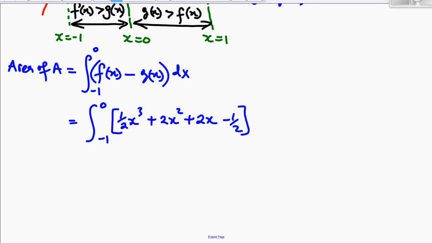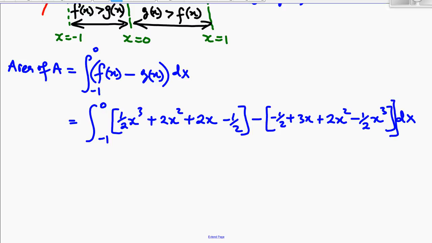That's the function that we have up there. Minus, negative a half plus 3x plus 2x squared minus a half x cubed. Now I'll just add one more bracket. Just remember, this is f of x and this is g of x from the question.